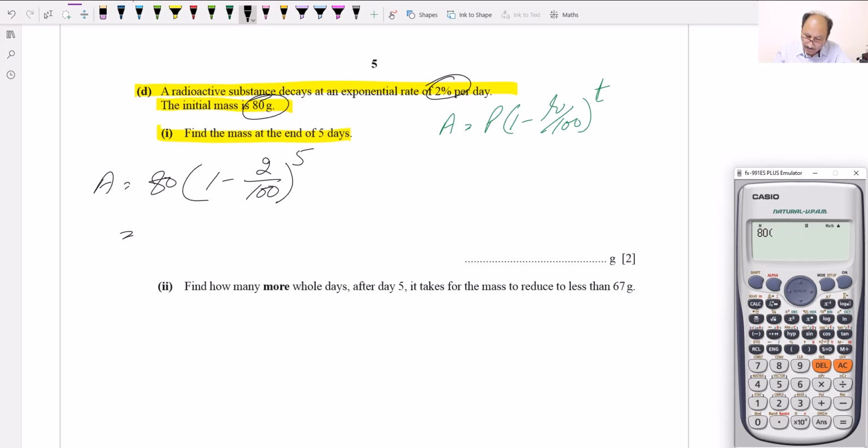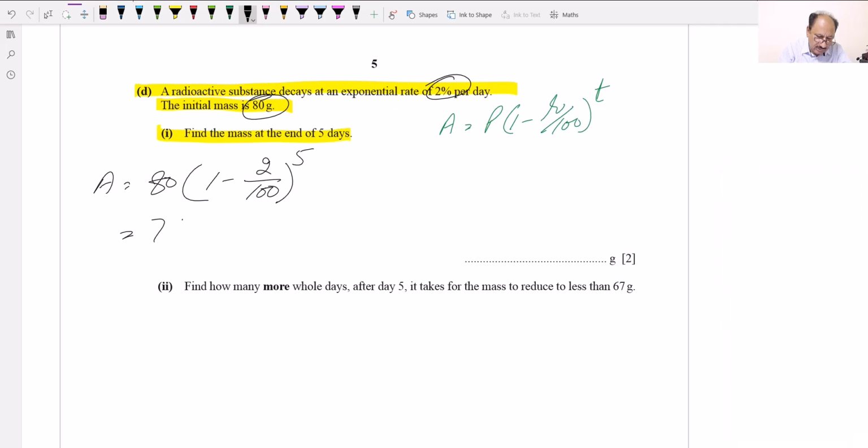So 80 and 1 minus 2 over 100 raised to the power 5, and this will give us 72.31. 72.31 will be our final answer. You can give 72.3 or 72.31, whatever, so it will be a 2 mark question.